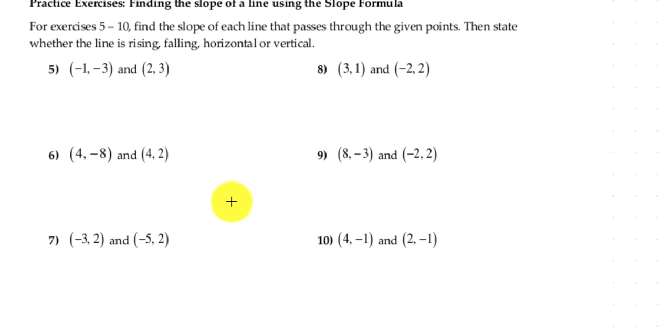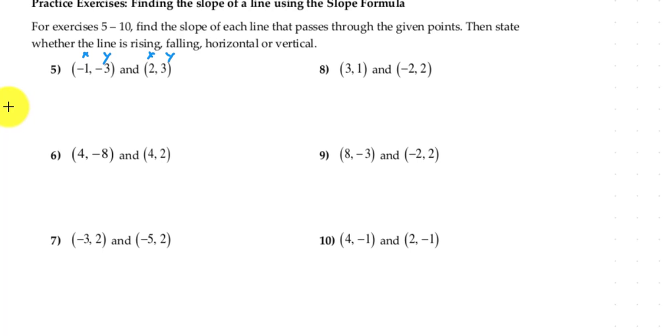We'll do just one real quick problem out of here. I want you to do all of these on your own, check your answers in the back of the book, but I'll pick one. Let's just do number 5. So I've got an x and a y.